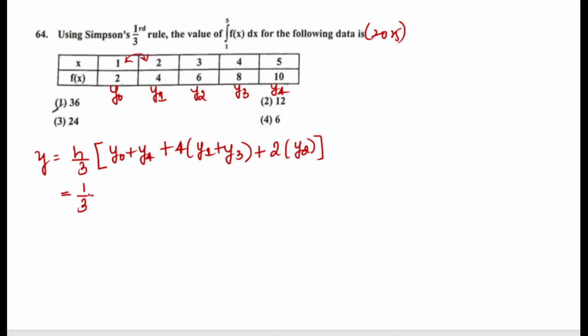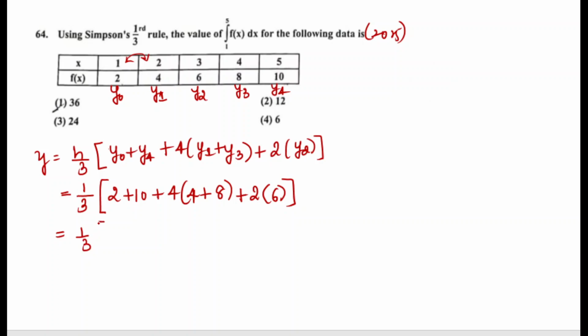The difference or the step size you can call it is 1 by 3. y0 is 2 plus y4 is 10 plus 4 times of y1 value is 4 plus y3 value is 8 plus 2 times of y2 value is 6. Right. Now the solution is 1 by 3 into 12 plus 4 into 4 plus 8 is 12 plus 6 twos are 12.